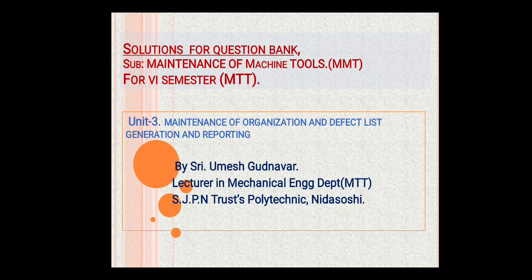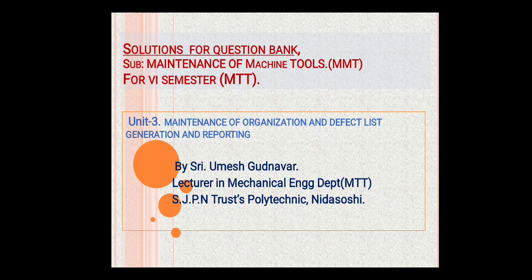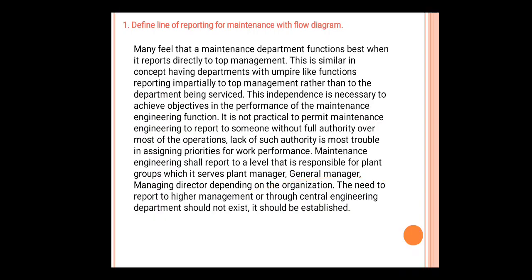So let's start with the first question of this unit, that is: define line of reporting for maintenance with flow diagram.